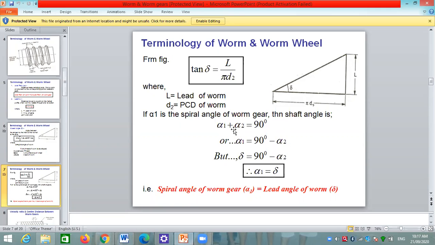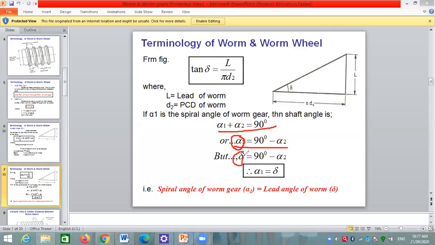We know that alpha 1 plus alpha 2 is equal to 90 degrees. Therefore alpha 1 is equal to 90 minus alpha 2, and similarly delta is also equal to 90 minus alpha 2.